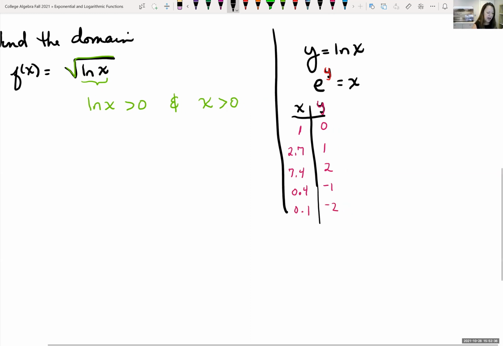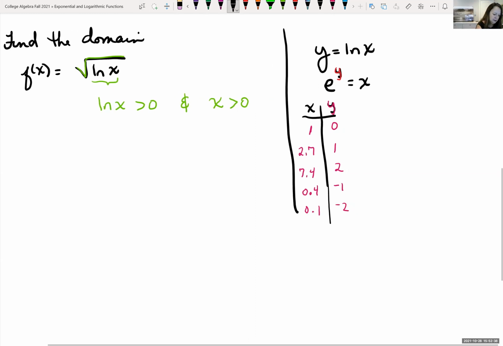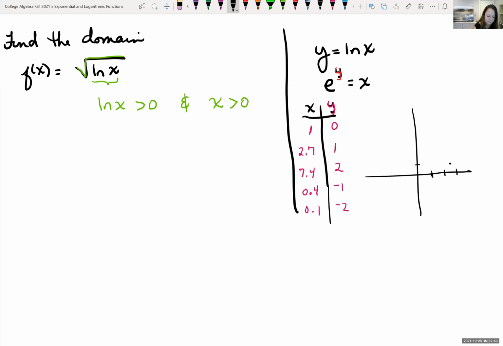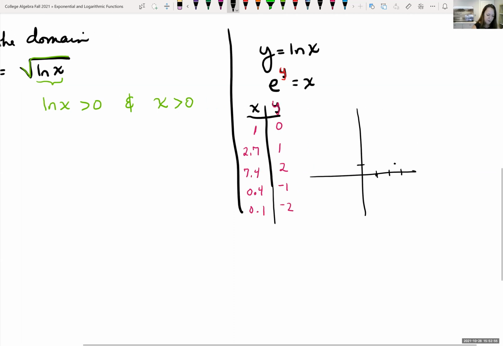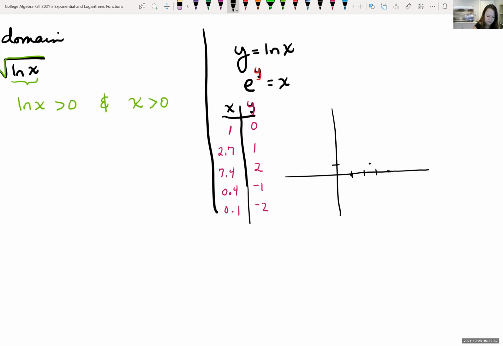So if we graphed this, at 1 we have 0. At 2.7 we have 1. At 7.4 we have 2.